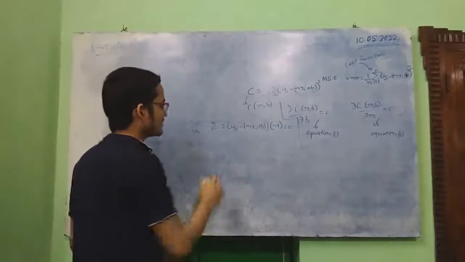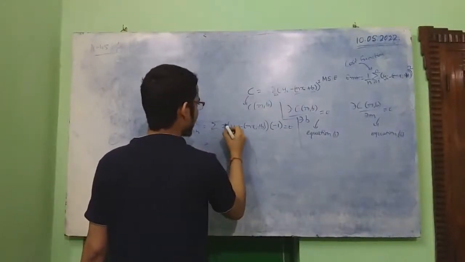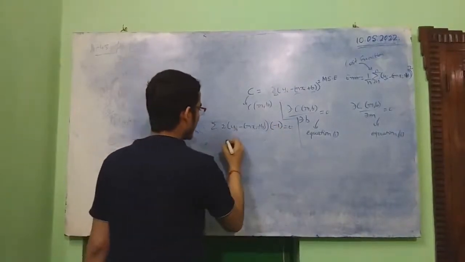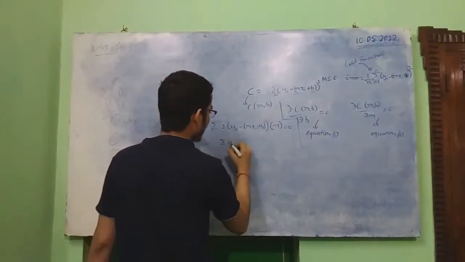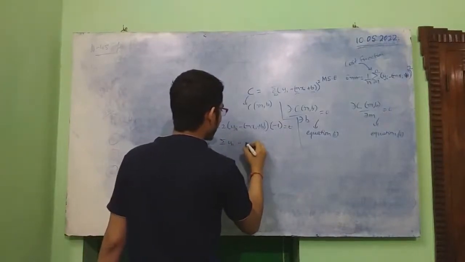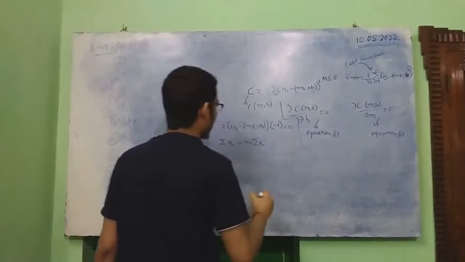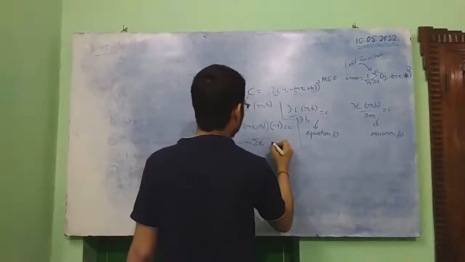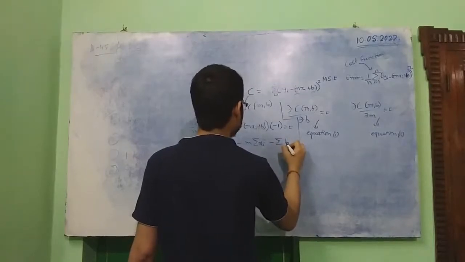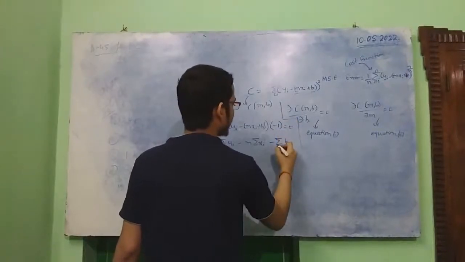So what is the summation? We can cancel out minus 2 from here easily. So summation y_i minus m summation x_i minus summation of b. There is nothing to iterate, so it will simply be n times b. Suppose there are n data points.